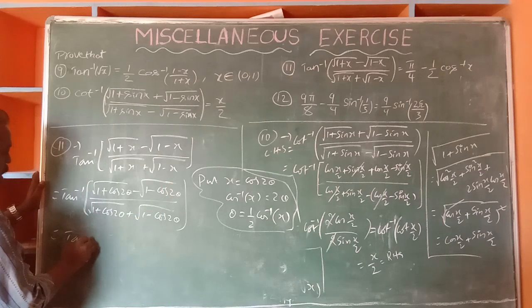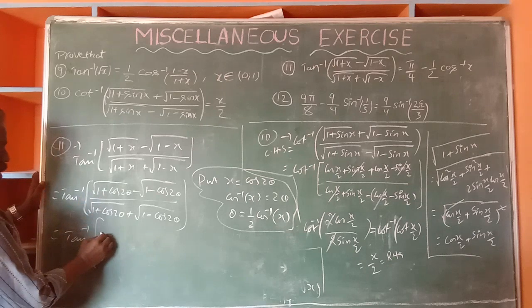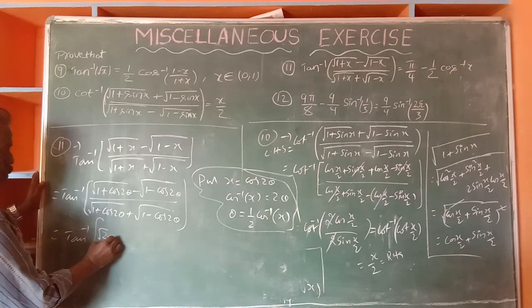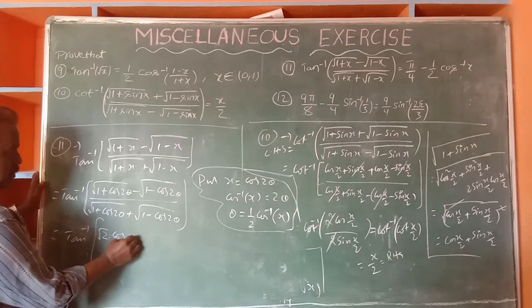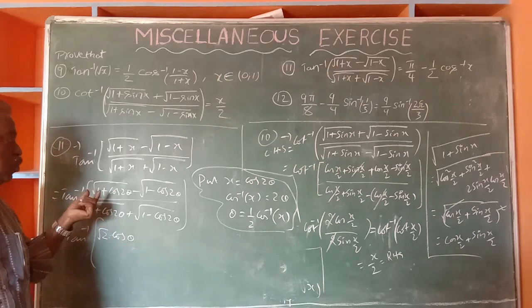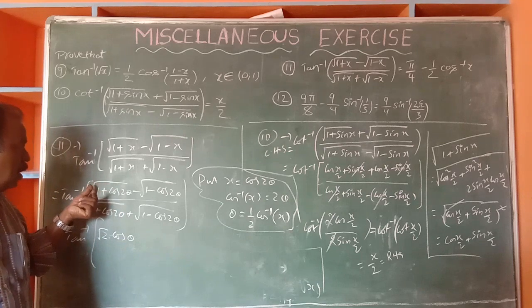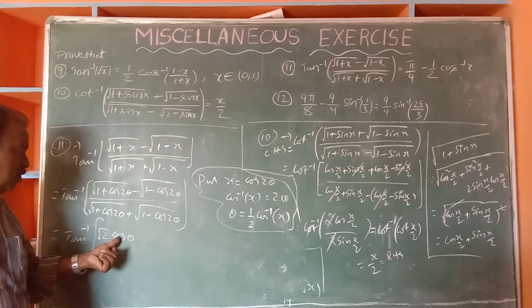Root of 1 plus cos 2 theta is root 2 cos theta, because the formula is there: 1 plus cos 2 theta is 2 cos square theta, with the root, root of 2 cos square theta, which is root 2 cos theta.